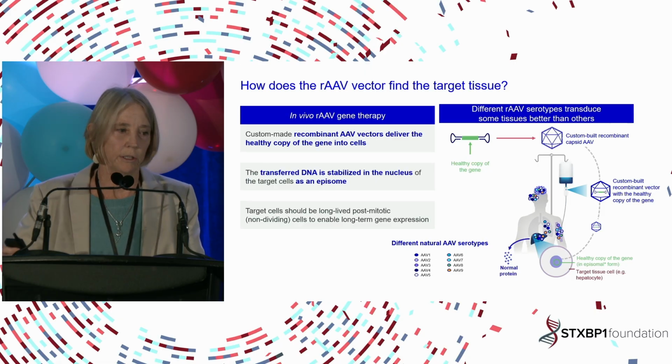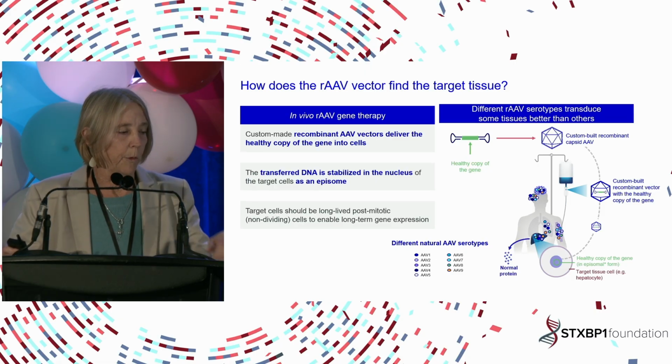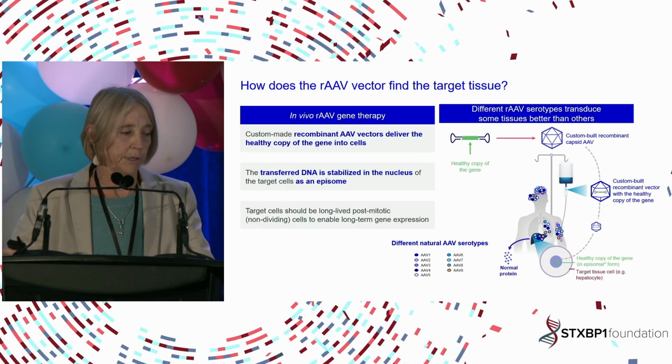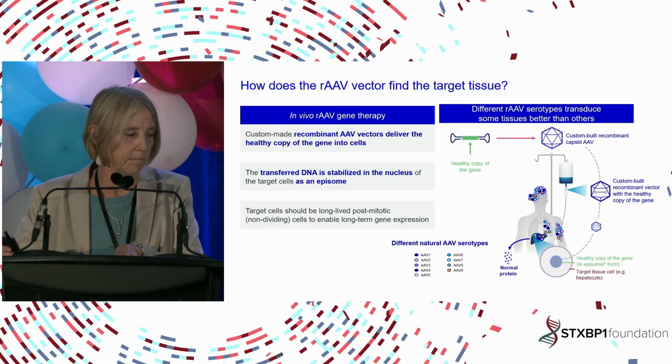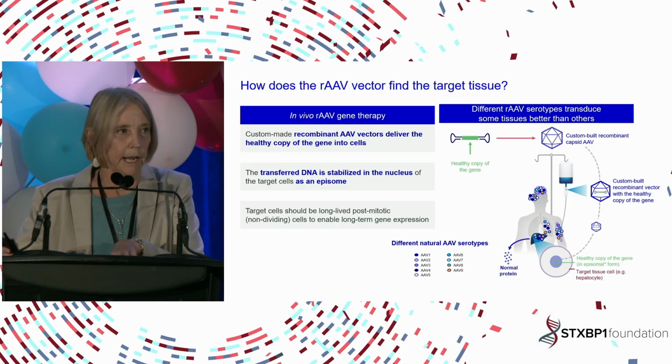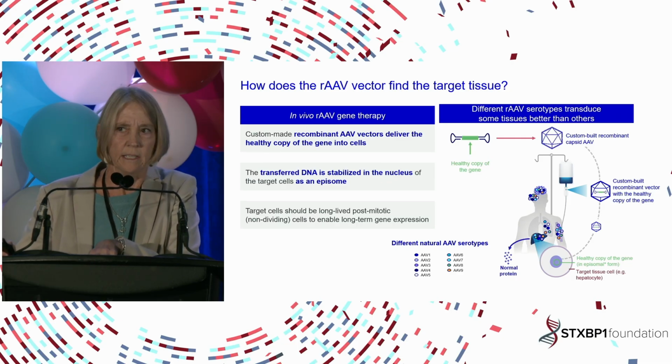How does it reach the target tissue? I'm going to have a couple slides on this. So we make these recombinant AAV vectors in the lab to carry a healthy copy of the gene. That DNA is then transferred into the nucleus of the cell. It sets up shop there and continues as a little extrachromosomal piece.